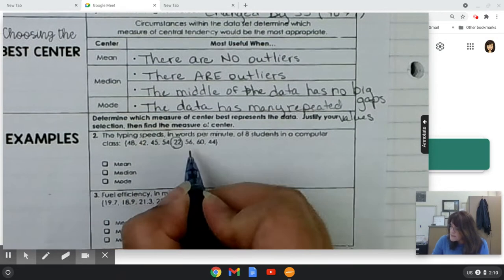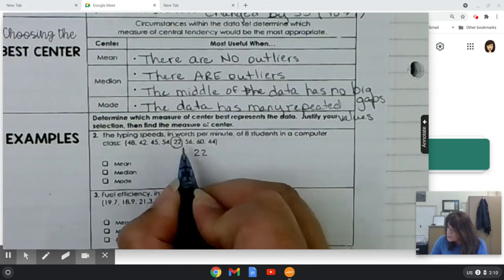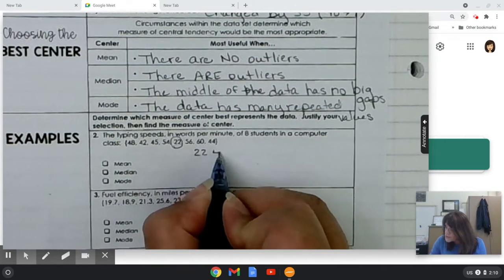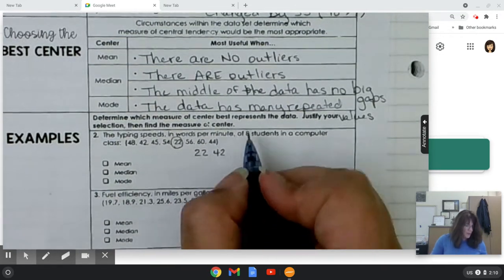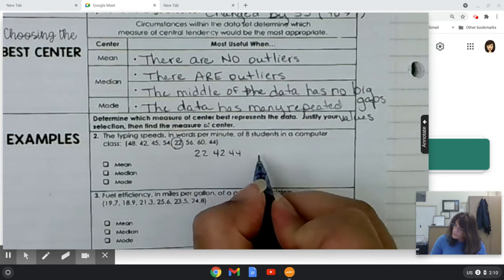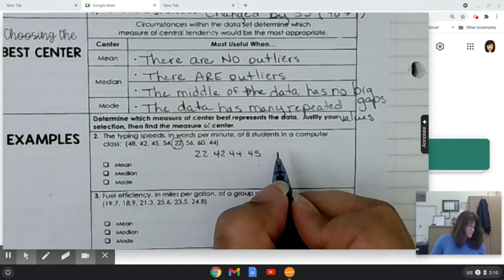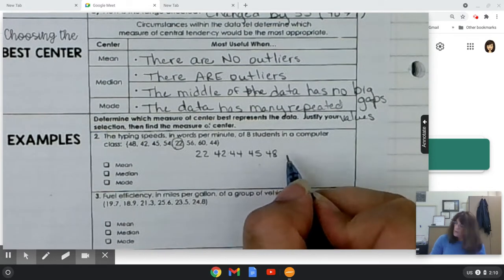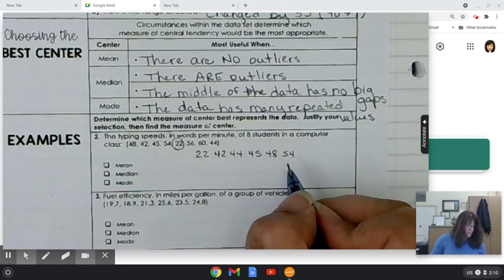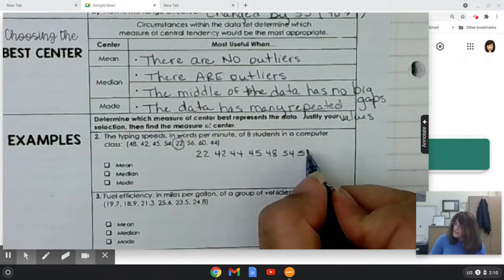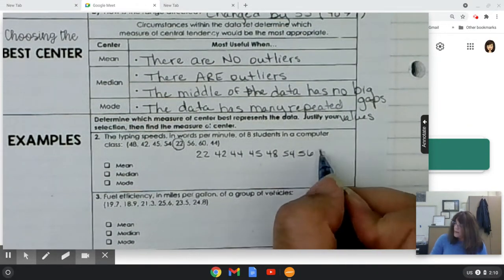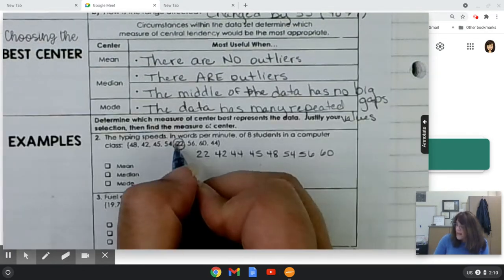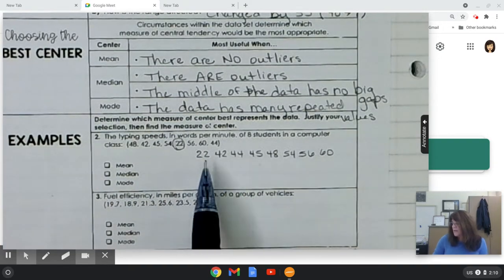But if I did these least to greatest, I'd have 22, and then my next one is 42, 44, 45, 48, 54, 56, and 60. And because I identified an outlier, I'm thinking I'm going to use the median.